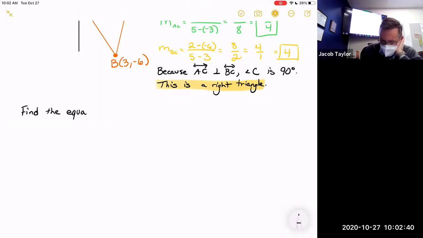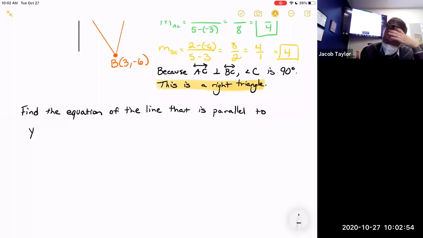Find the equation of the line that is parallel to y equals negative 1/3 x plus 6 and passes through the point (1, -8).